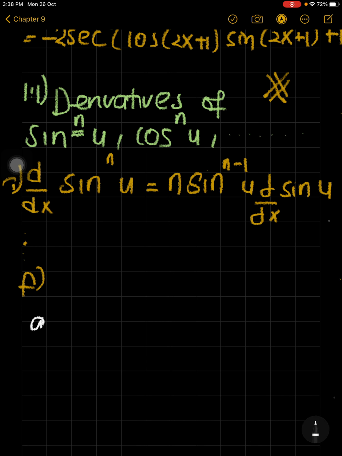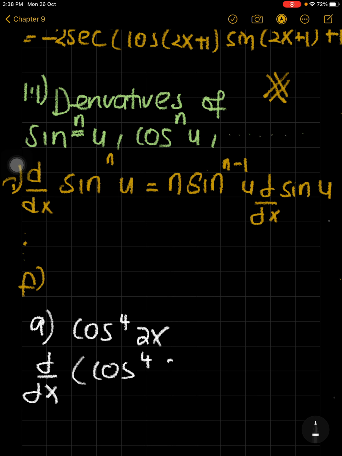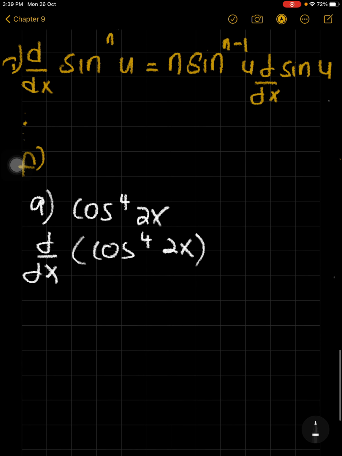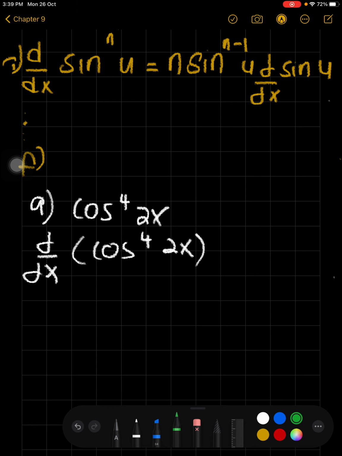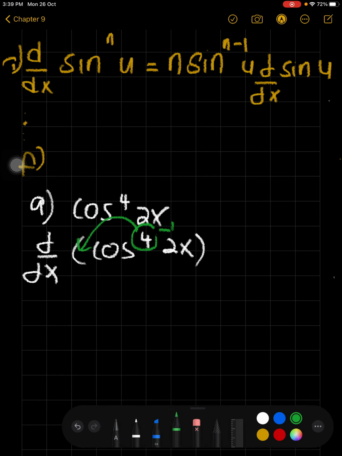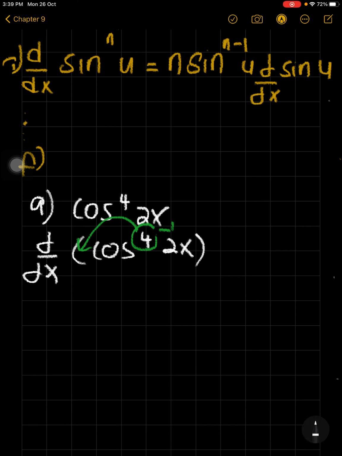Okay, soalan yang pertama, cos for 2x. So differentiate this one, d dx cos for 2x. Bila you differentiate cos tu, kuasa ni you buat turun, lepas tu kuasa ni tolak 1, and then you differentiate benda tu.